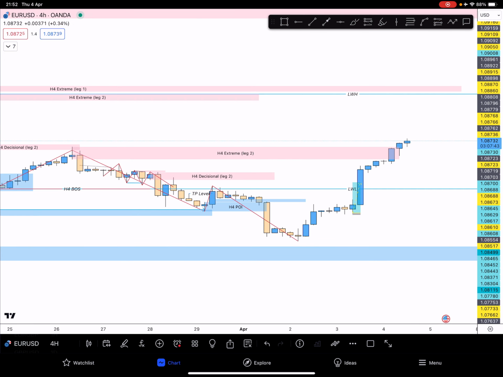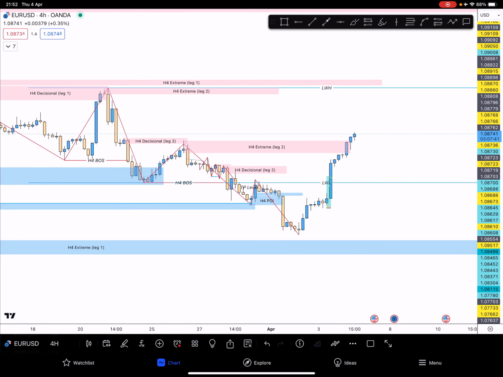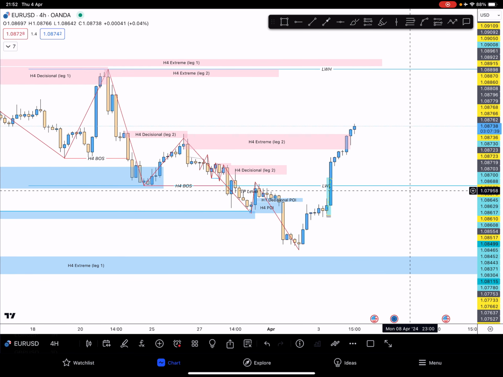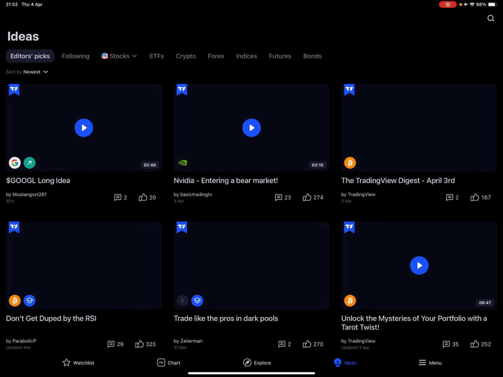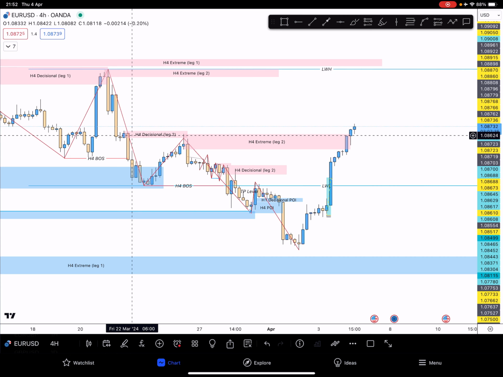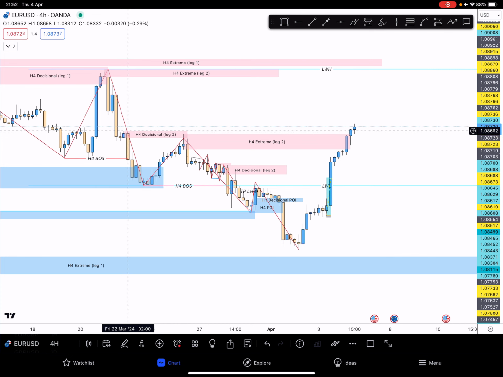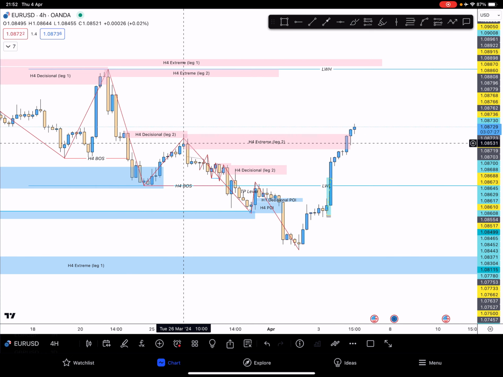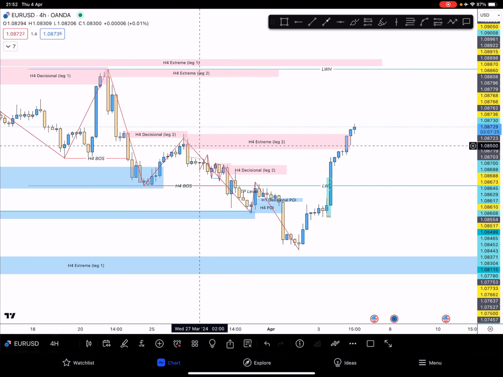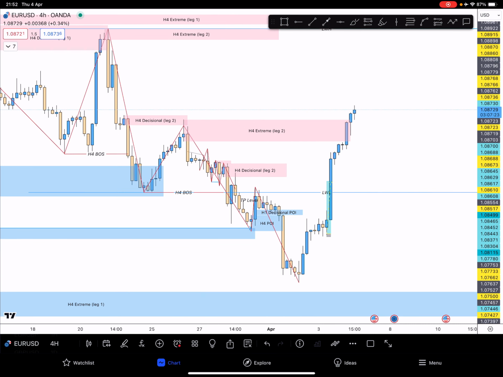And right now we keep shooting up. See, we're back into this decisional level. We just passed this decisional level, which makes sense. We shouldn't even be wasting time in here, but I did mark it out just to see how price was going to react here.